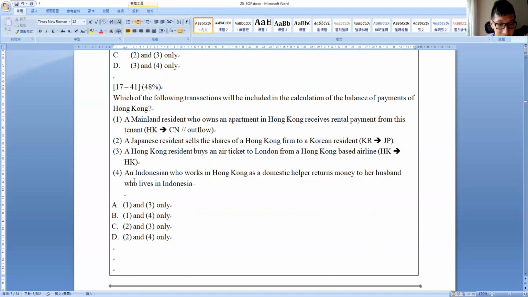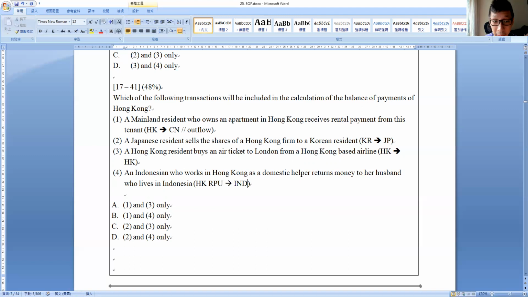Okay, finally, an Indonesian who works in Hong Kong as a domestic helper. Remember, it is a Hong Kong resident already. From our GDP chapter, we know this is a Hong Kong resident already. She sends money back, returns money to her husband who lives in Indonesia. So Hong Kong is giving money to Indonesia.